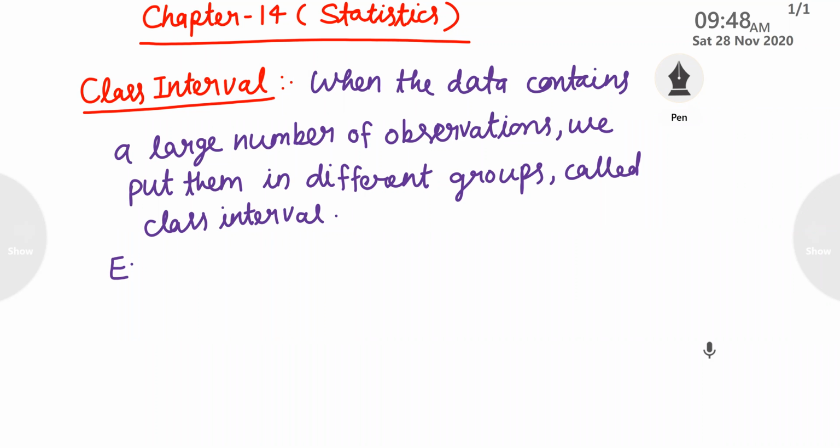Example, I'm writing here one interval 0 to 10.